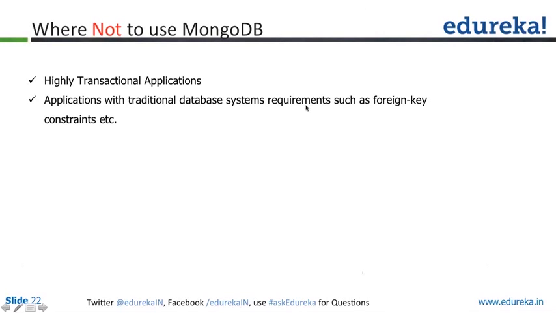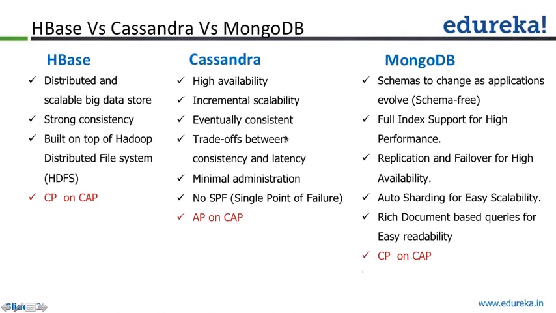Okay, so this is basically if you look at all three of them. Now in general, if you compare them, HBase is naturally a distributed and scalable big data store. Naturally all of them are, to some extent, but comparing-wise, HBase gives strong consistency, built on top of the Hadoop distributed file system. So you would very much use HBase in a situation where you're talking about MapReduce applications, or more strong consistency requirements, like the Facebook application, Facebook Messenger basically.